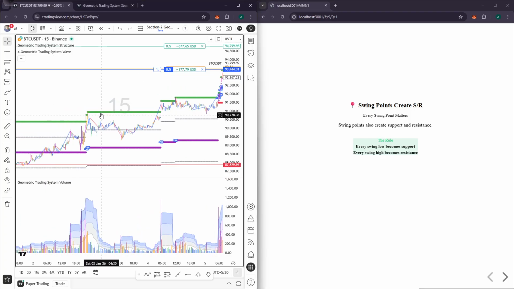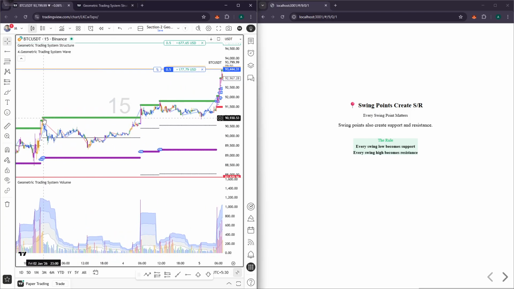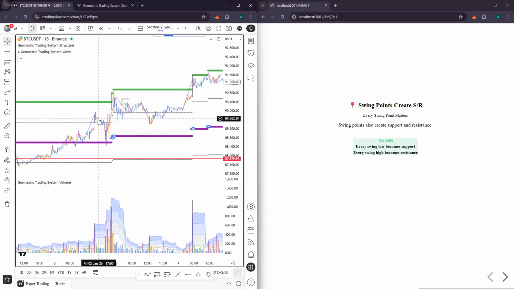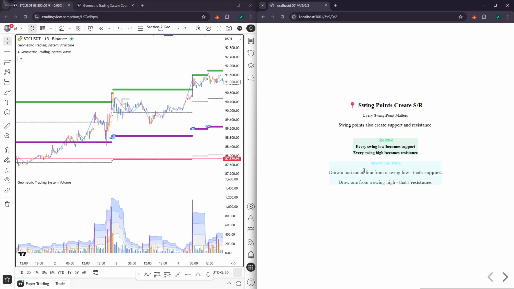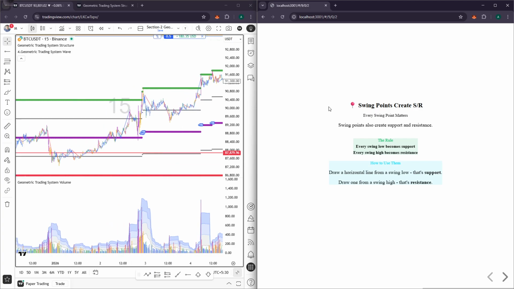And with these lines that we are drawing, it also comes from a swing high, but it's an important swing high, not every swing high. So you can draw a horizontal line from each swing high and swing low, and test for yourself if it works or not.